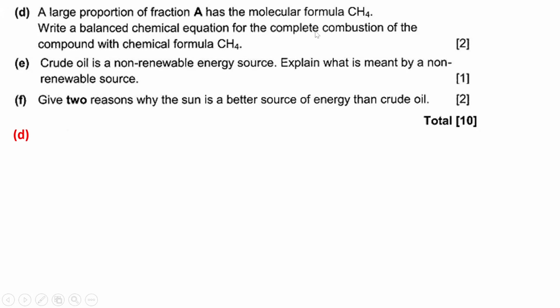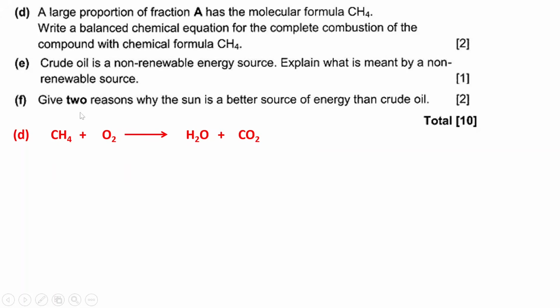So the compound mainly found in fraction A with chemical formula CH4 is methane, and methane undergoes the reaction called combustion when it reacts with oxygen. So when methane reacts with oxygen, it produces water and carbon dioxide.